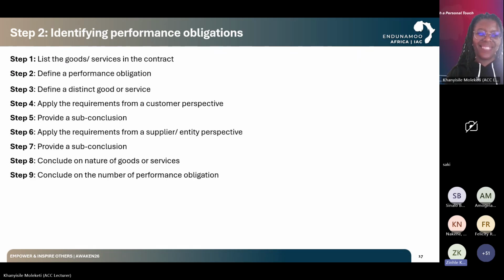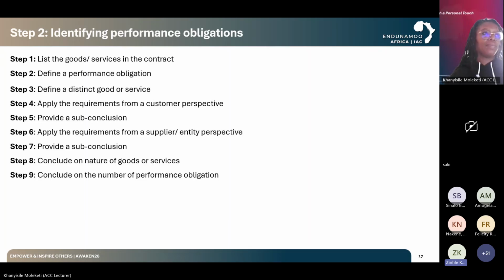With regards to a customer's perspective, when I apply the requirements, do I just apply the part of being capable of being distinct, can the customer benefit on its own or with readily available resources? Or do I also have to apply the portion of distinct in the context of the contract?